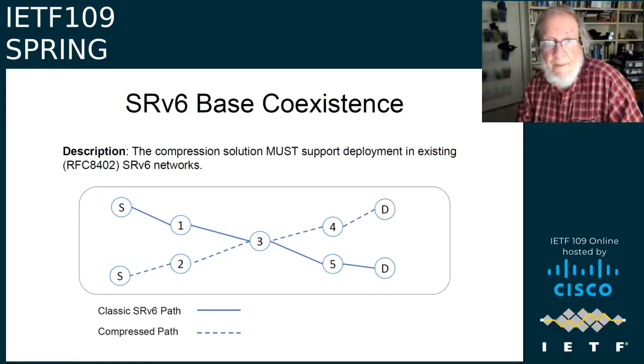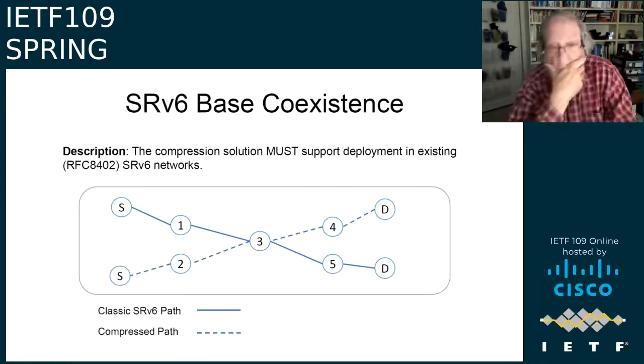Bob, this is Darren. If it's okay, I can answer this one. Wei Cheng, is that okay? Go. Oh, thank you. In this picture, you're seeing 2 SR paths. One of them is depicted by solid lines.